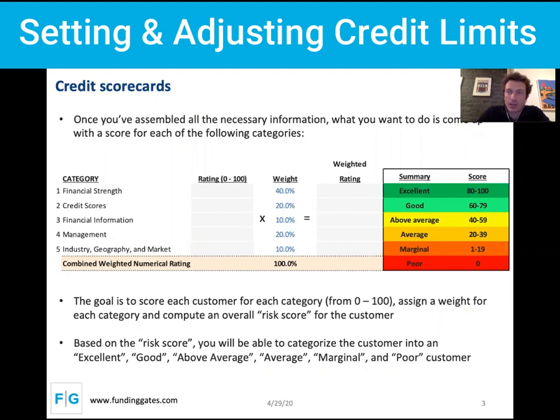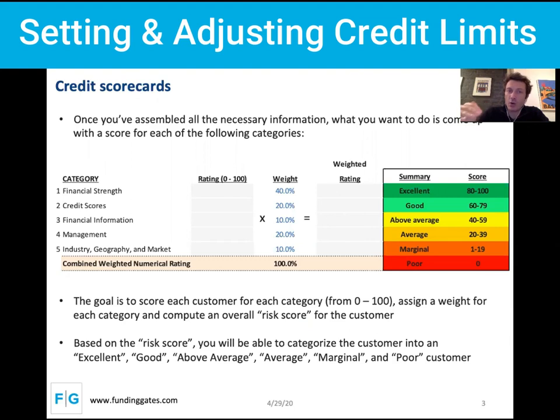Typically what we see is that businesses set up around 5 categories when setting up a scorecard, which consists of the financial strength of the customer, the credit scores of the customer, financial information of the customer, the management team, and then any macro industry, geography, market dynamics that are going on.